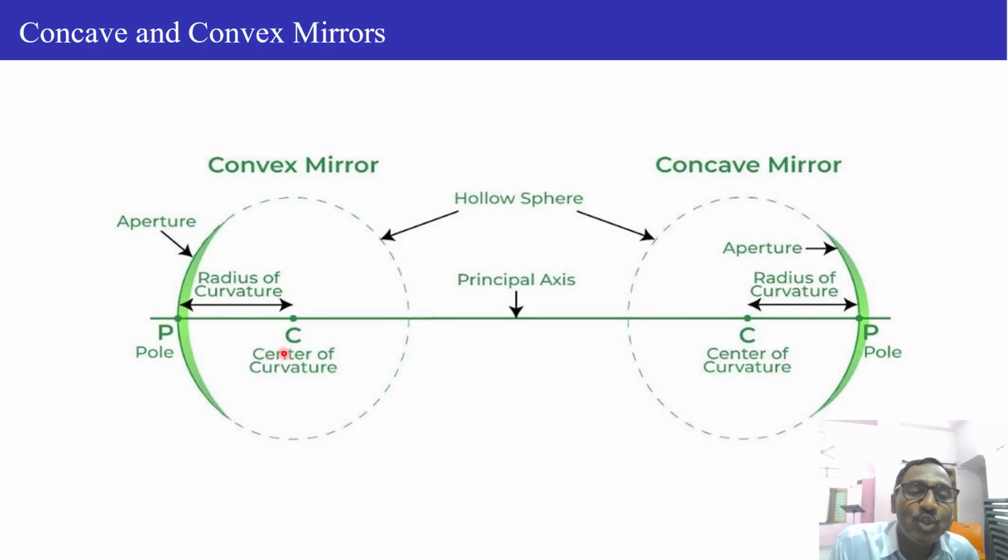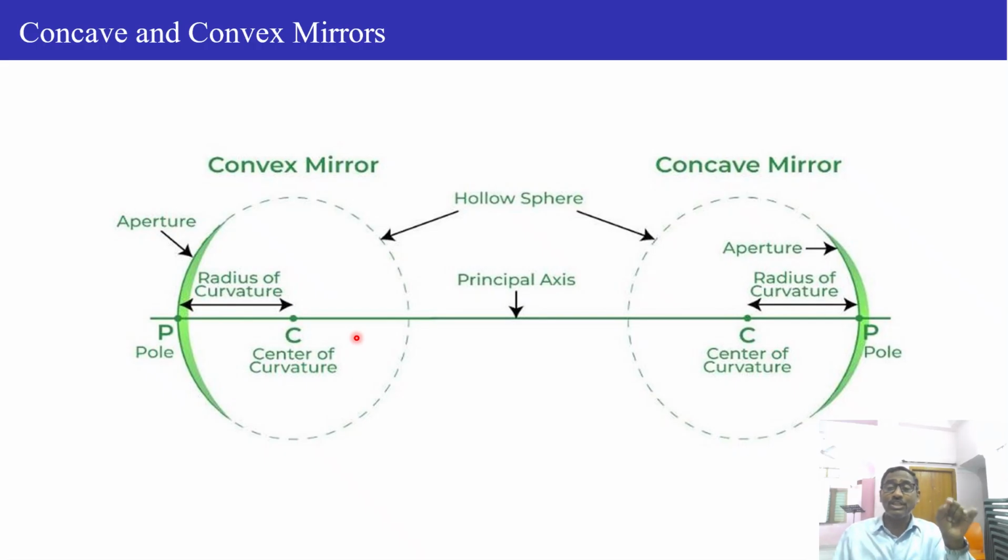If you join the pole and center of curvature and extend it, that line is known as the principal axis. What do we call the principal axis?